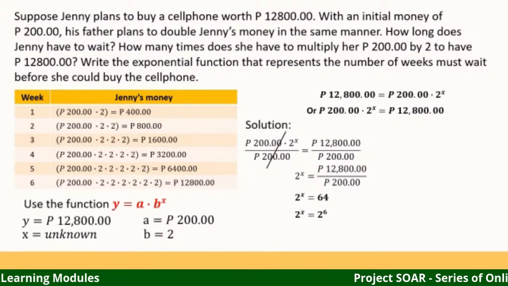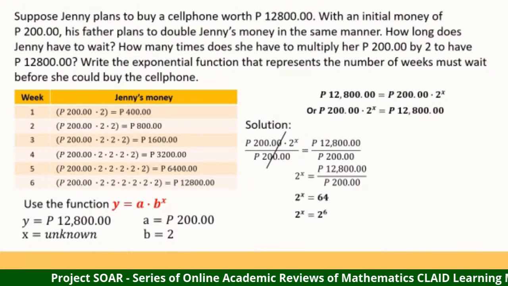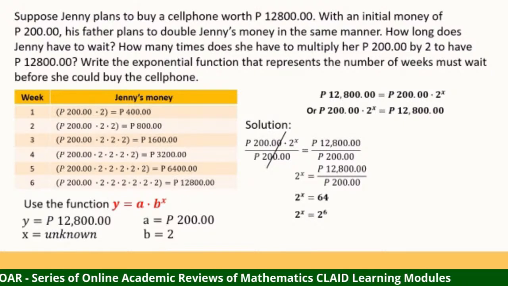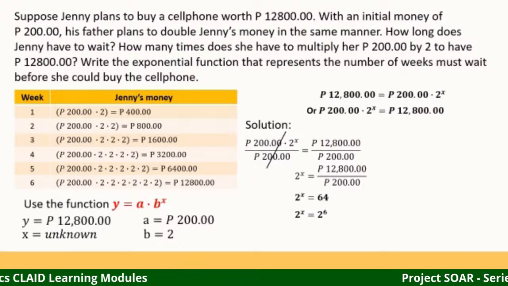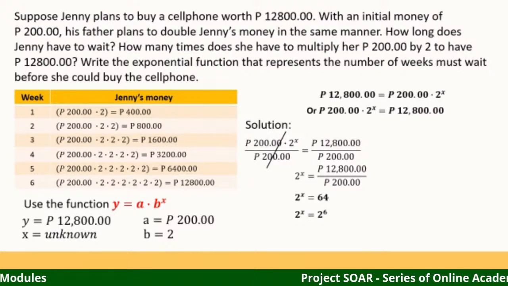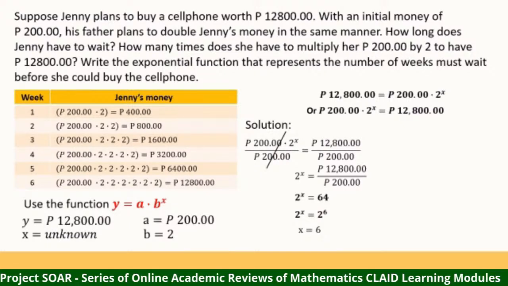Ito ay magiging 2 raised to 6. So, pwede na nating ma-identify ang x natin, which is unknown. Since parehas na sila ng base, which is 2, equate na lang natin yung exponent. Okay, so we have x is equal to 6.